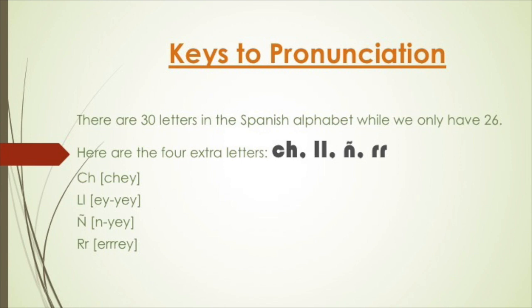The letter elle in Spanish is made up of 2 L's together, and when these 2 L's come together, it makes a Y sound, as in me llamo, which means my name is, or in the color amarillo, which means yellow. Fun fact, most of you are familiar with the city in Texas called Amarillo, Texas.